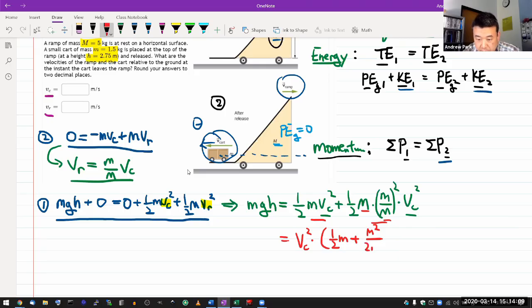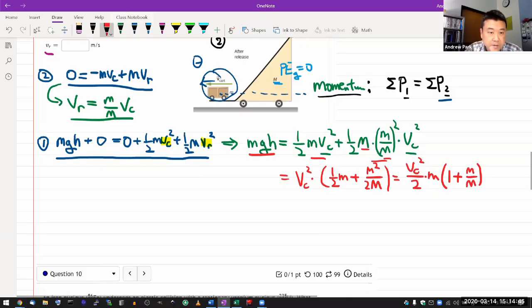I think I can actually factor out 1/2 m to make my expression a little bit prettier. VC squared over 2 times m, 1 plus small m over big M. And I move everything else to the left-hand side, or the side where mgh is. Solve for VC.